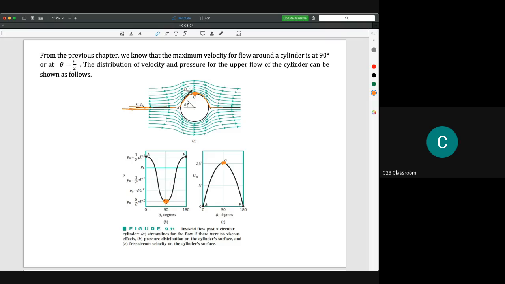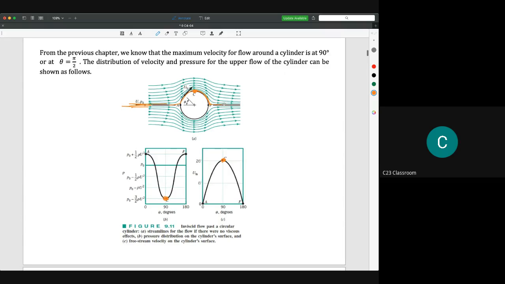Then when the velocity starts to reduce, until it equals the free stream velocity at this line, at this area, the pressure starts to increase back. So this is the idea when the flow changes on a curved surface.